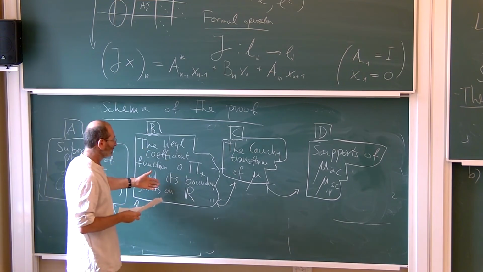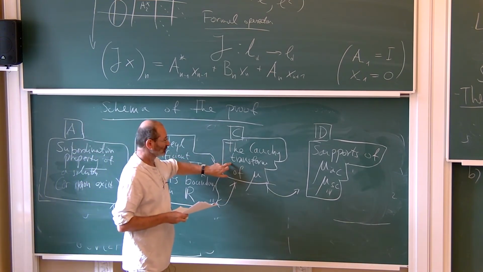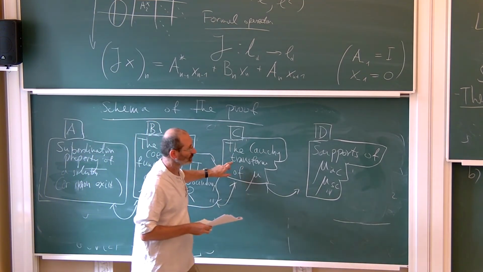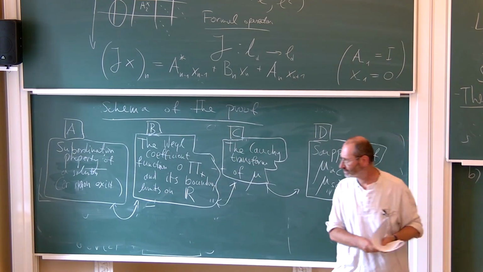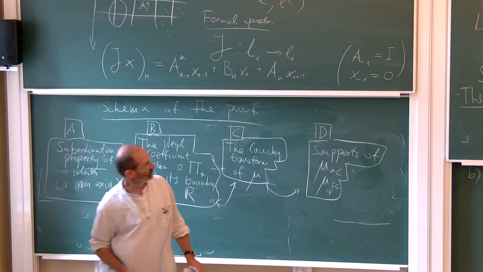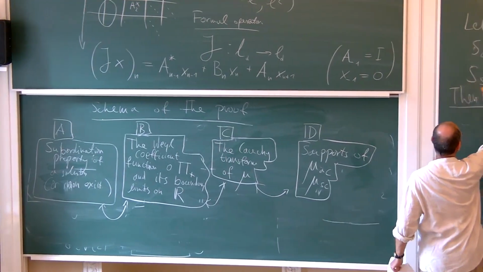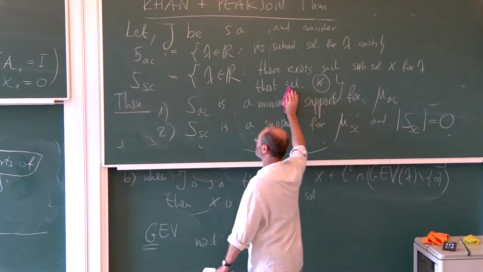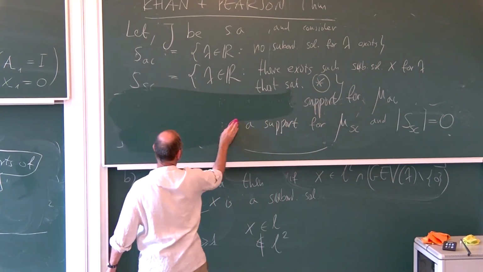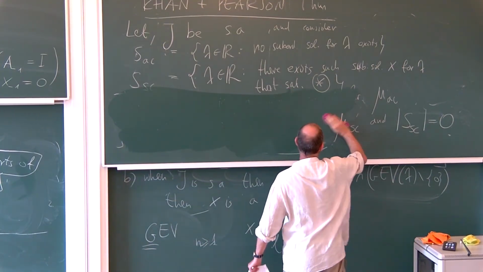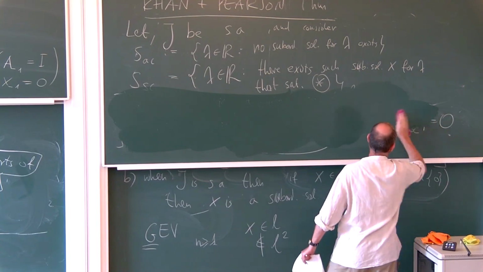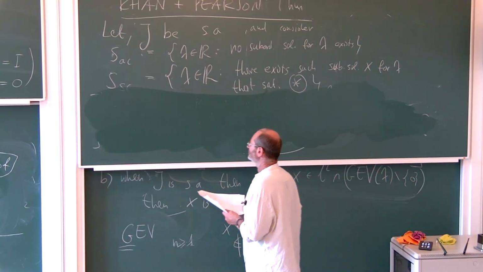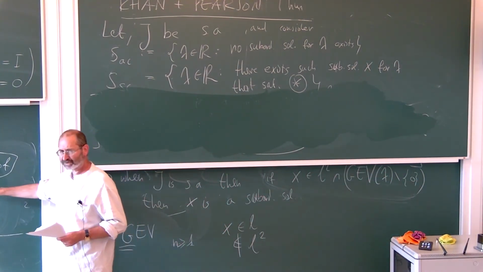Okay, first, I don't know, does everybody know what this is? Maybe I will define it. The Cauchy transform of the measure is like this. We have a finite measure, yes.